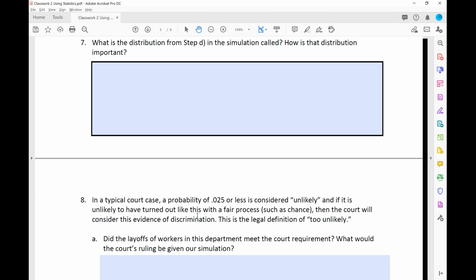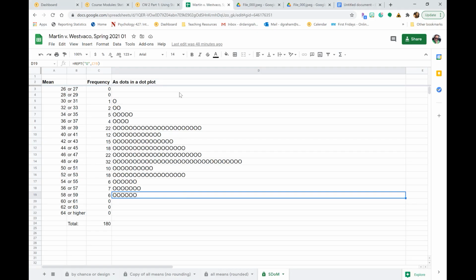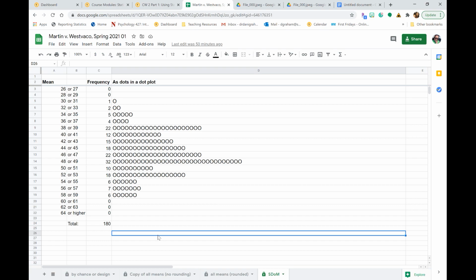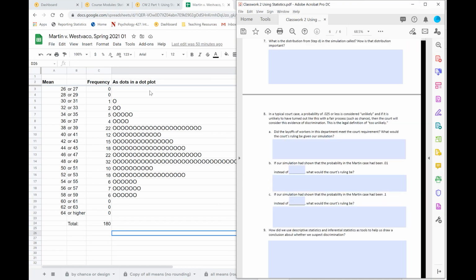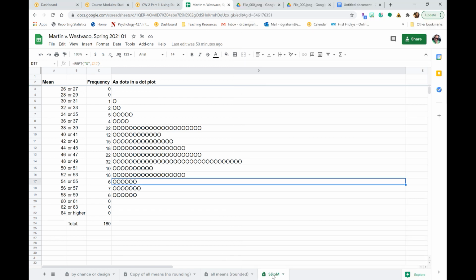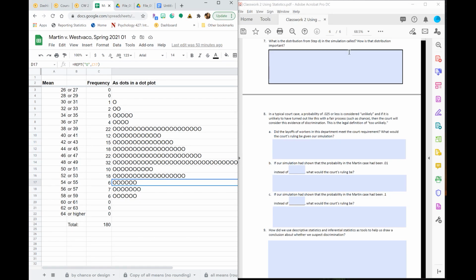So, number 7, what is the distribution from step D in the simulation? So, we're talking about this distribution. What is this called? And how is that distribution important? Well, we're talking again about this one, this SDOM here. Let me just put these side by side.